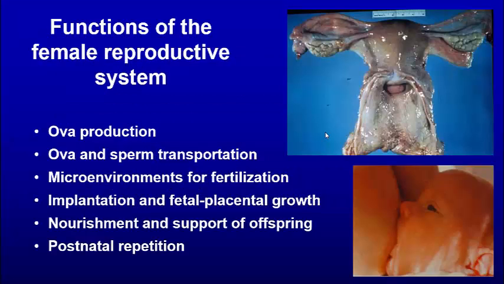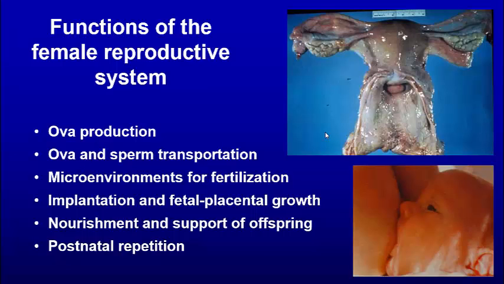Now, what are the functions of the female reproductive tract? One is to produce ovum. So it produces ovum, the eggs. Also, it transports both eggs and sperm. So ova and sperm are transported. It maintains the environment for fertilization to occur. It allows implantation and fetal placental growth to occur in the uterus.